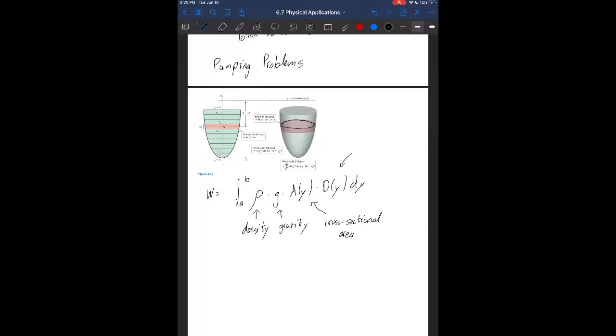And then finally, dy is going to be how far it needs to be lifted. And then finally, these a and b bounds are the least y value and the greatest y value.